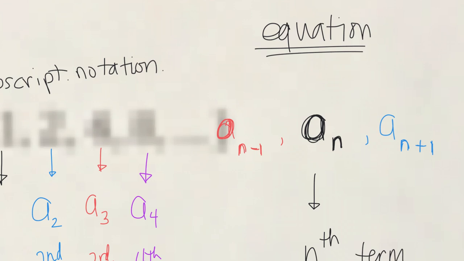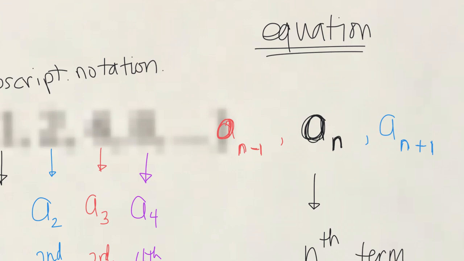A sub n is like your now, and this is like what's happening tomorrow or the next day or the day after that. What happened yesterday, what happened 2 days ago, right? That n minus 1 subscript is talking about previous terms.